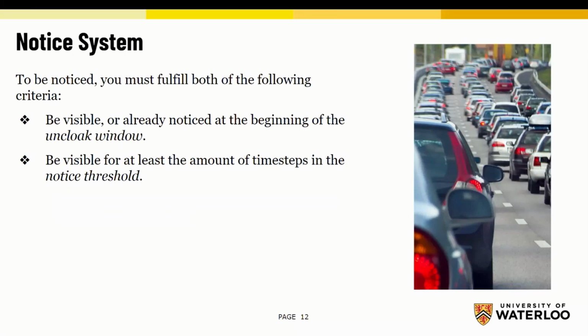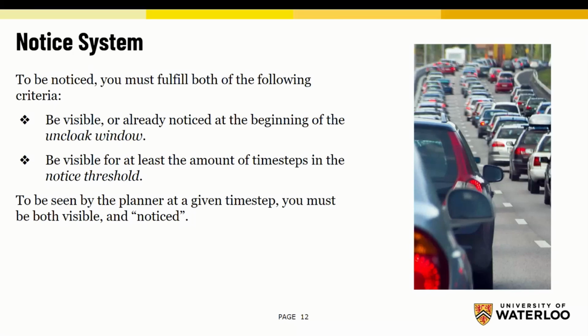On the other hand, if you get blocked for a brief second by another vehicle, we're not going to forget that you exist. If you appear after a second of being blocked, then we're going to recognize you immediately. We haven't forgotten about you. In order to be passed to the planner at a given time step, you have to be both visible and noticed.